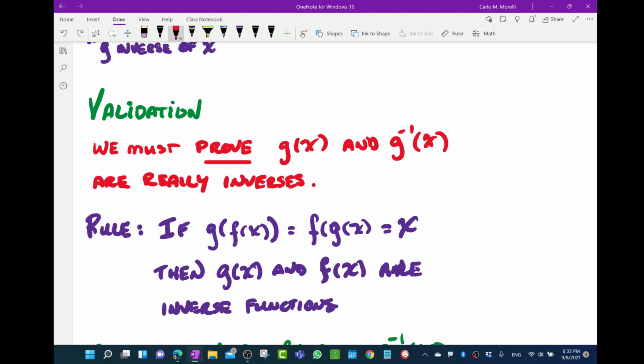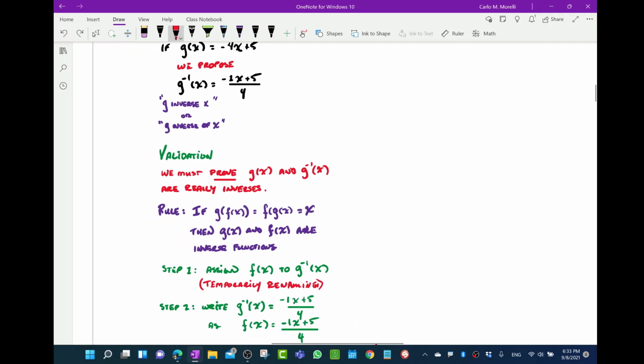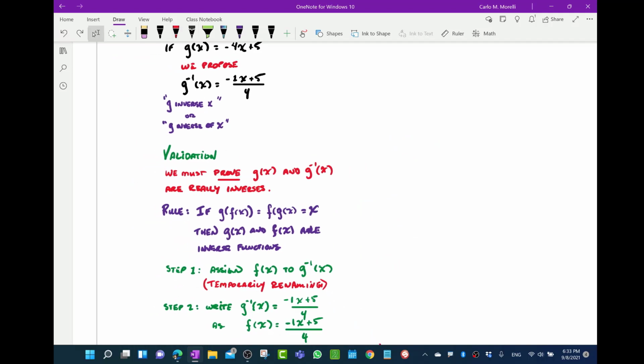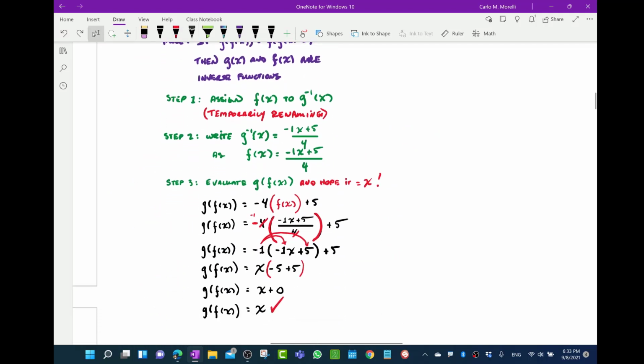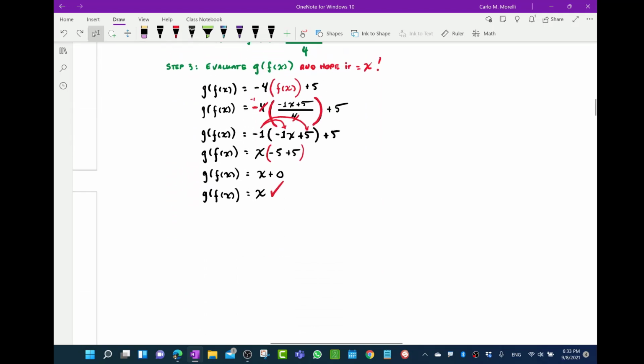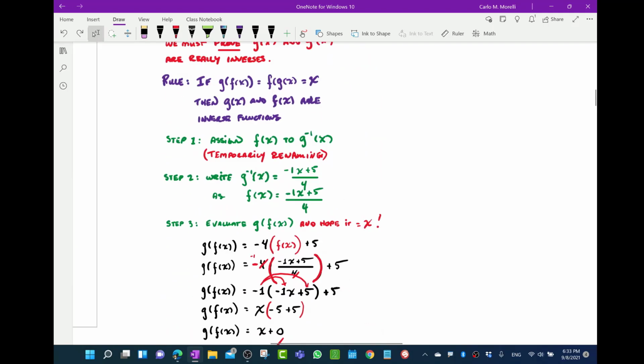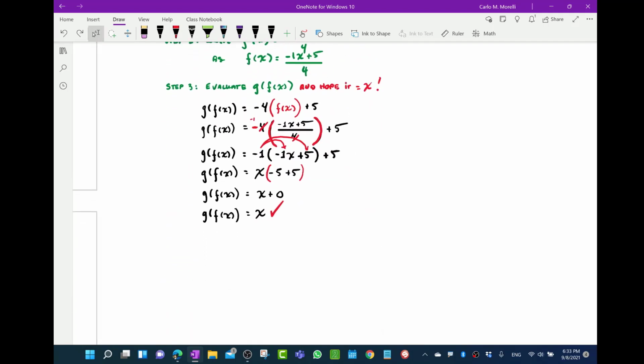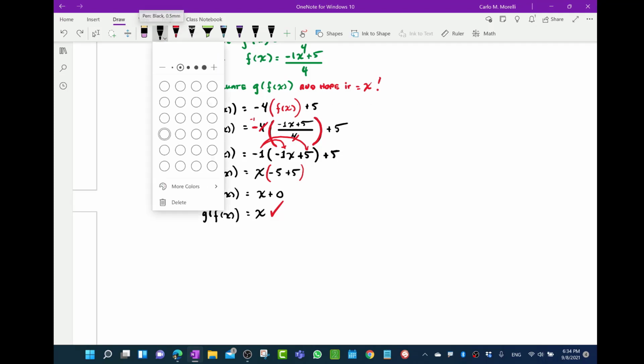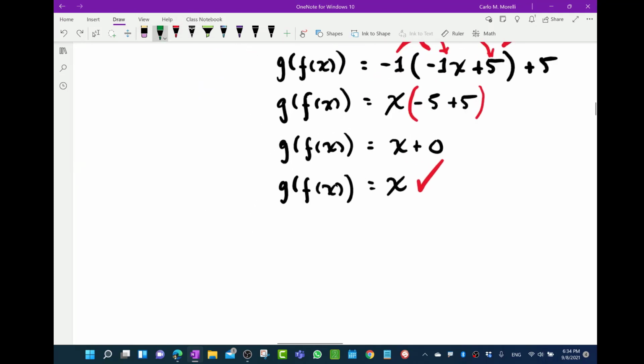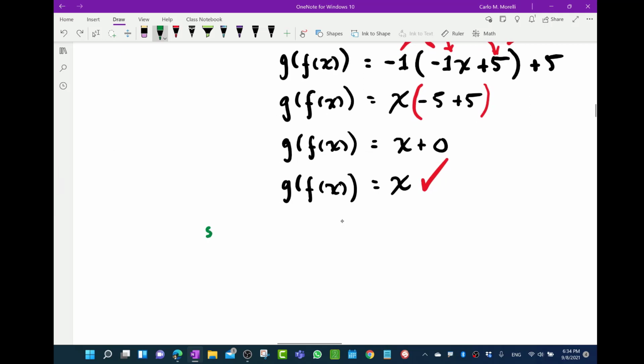Both conditions must be satisfied in order for the original function and the thing that we propose as the inverse function to in fact be inverse functions. Okay? So now that we've done g of f of x, we're going to do step 4 of this validation process, which I'll go ahead and write in green since that's kind of what we've been doing. Step 4.